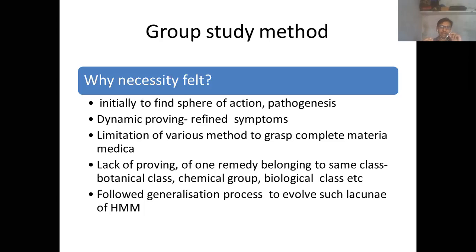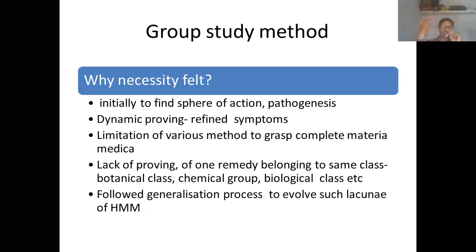So this is one kingdom or one group, that is Ophidia. Now this Ophidia refers to the snake remedies, and whenever they listed a group of remedies belonging to this snake remedy, they found that there are certain remedies that are very, very well proved.